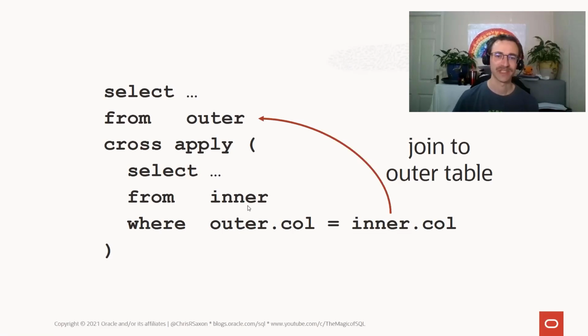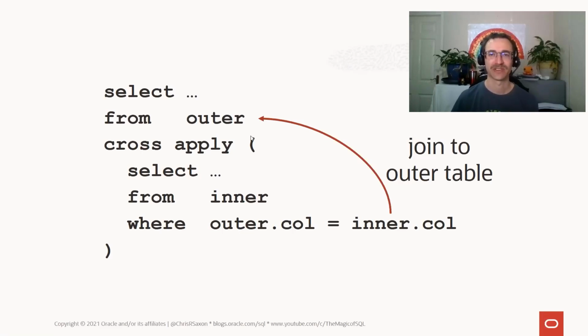So, particularly if this inner data set is huge, or we only want a fraction of it from the rows from the outer data set, then we don't necessarily want to process all that data. So cross-apply allows you to only process the rows from the inner data set that match a row from the outer data set. Okay, so that's hopefully giving you some idea of what cross-apply is.